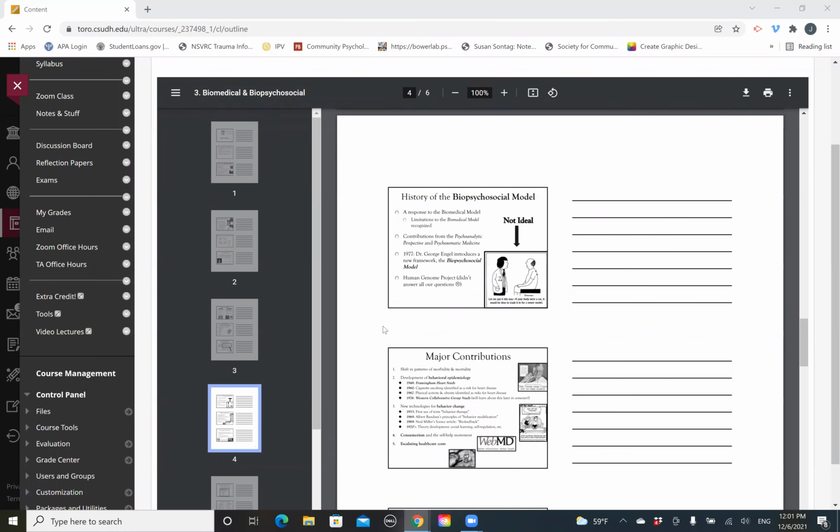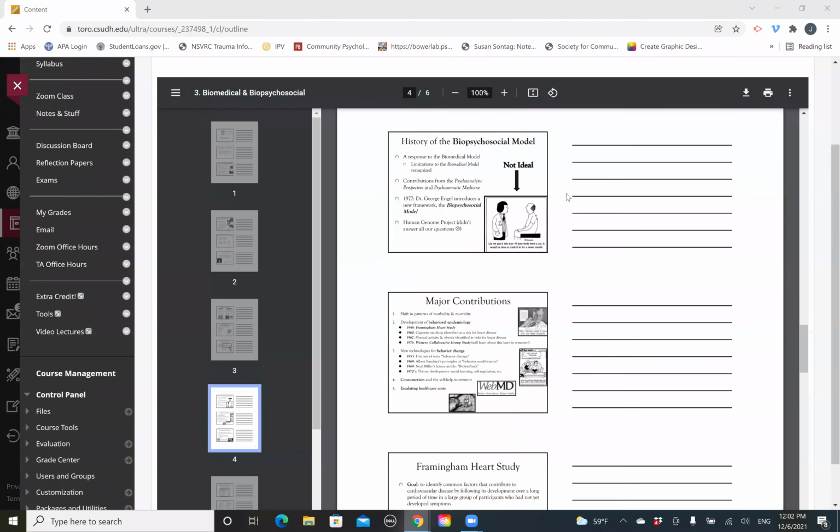And the idea was that the Human Genome Project, the idea to map the entire genetic sequence of humans, didn't answer why the differences in health.